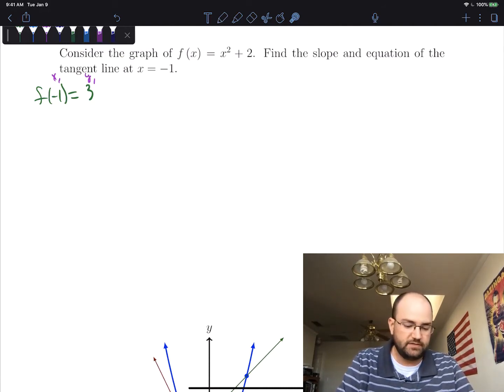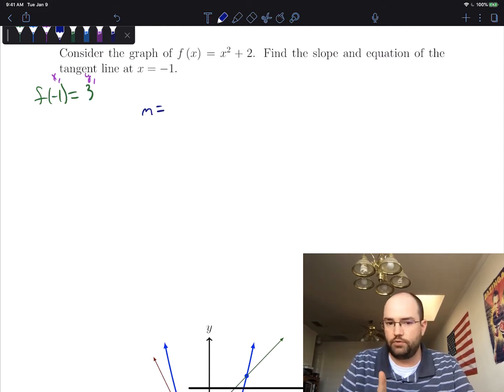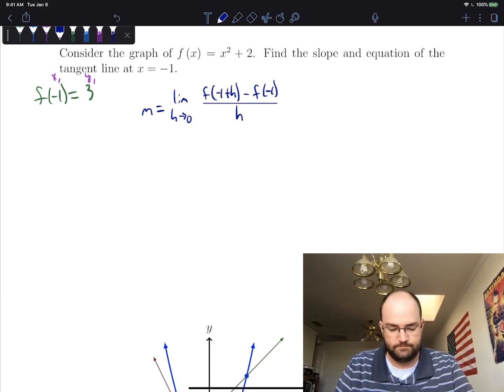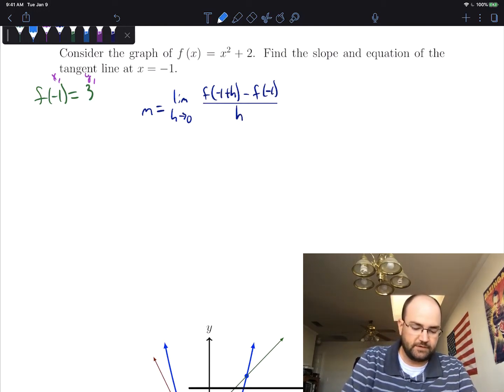But if you go back to the first video in this section, m at a given point is the limit as h goes to 0 of f of that coordinate -1 plus h minus f of -1, and then all over h. But this means that we need to figure out what is f of -1 plus h.